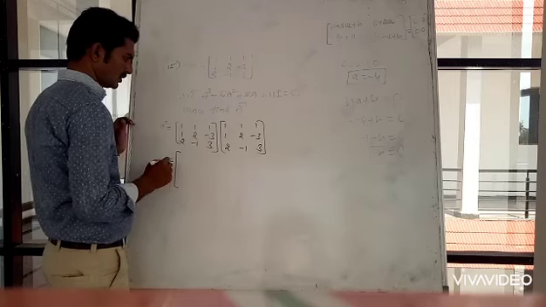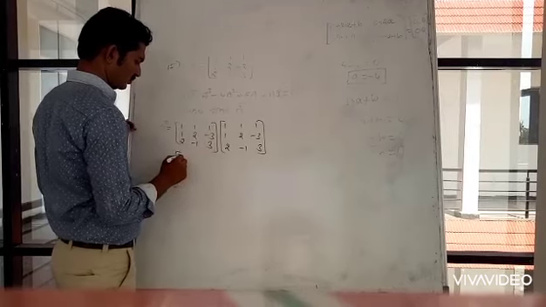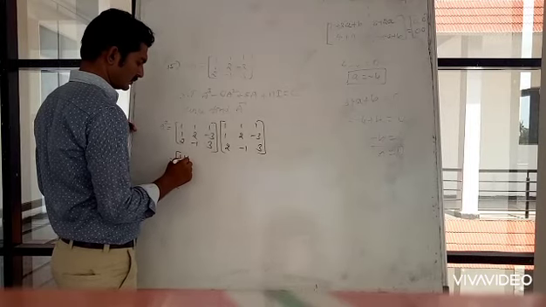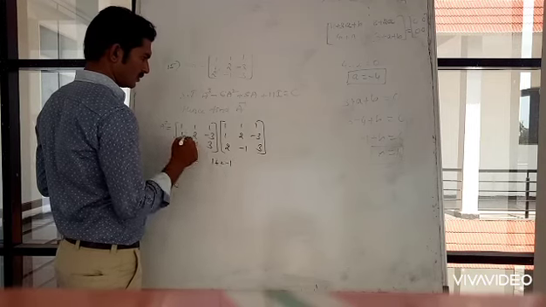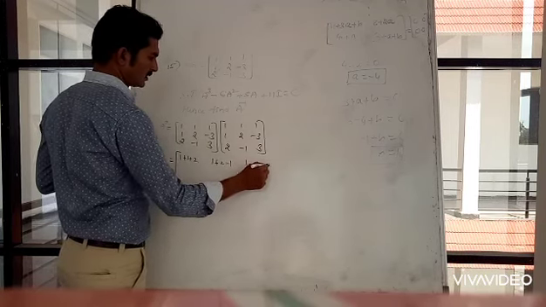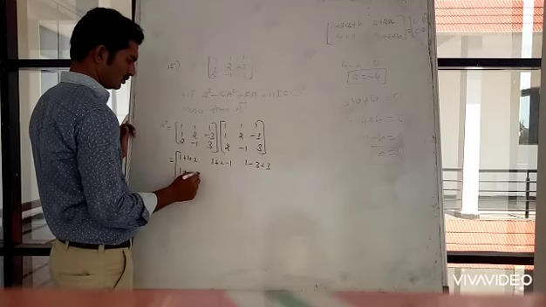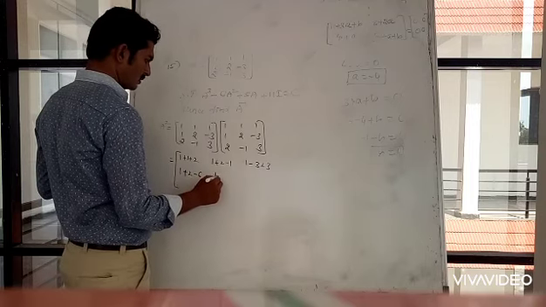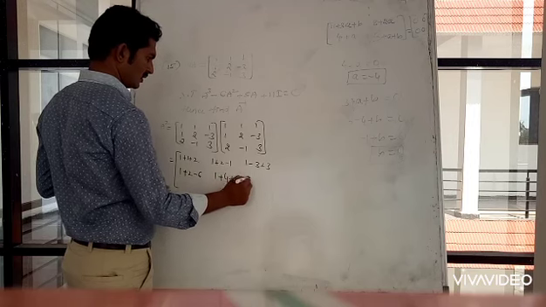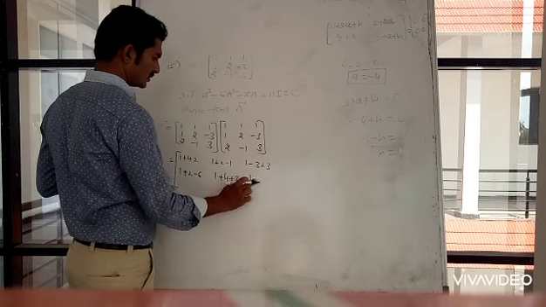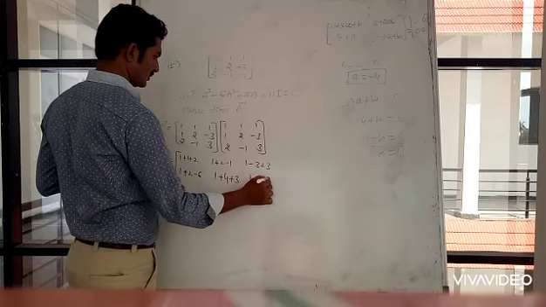Column 1: 1 plus 1 plus 2, 1 plus 2 minus 1, 1 minus 3 plus 3. Second row: 1 plus 2 minus 6, 1 plus 4 plus 3, 1 minus 6 minus 9.